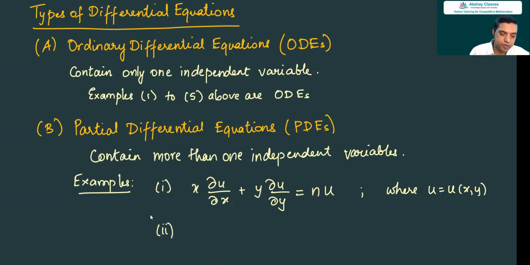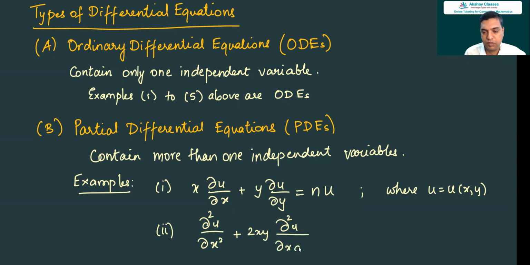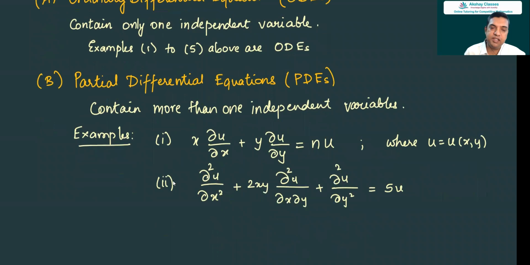When you have partial derivatives, then it's a partial differential equation. Then we can have higher order partial derivatives. So this is also an example of a partial differential equation.